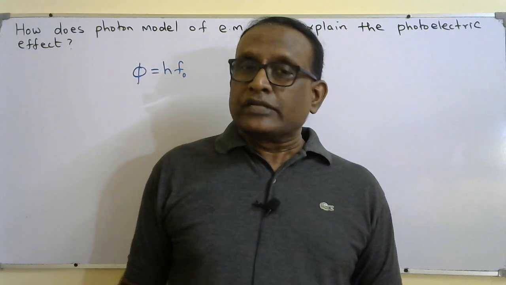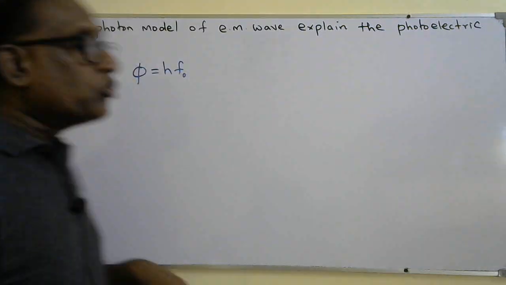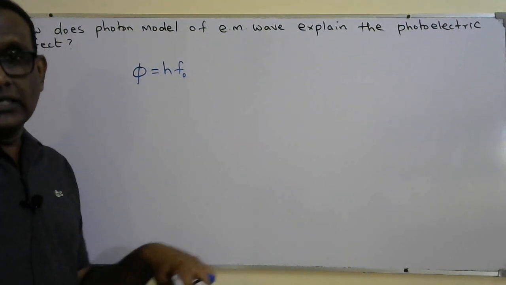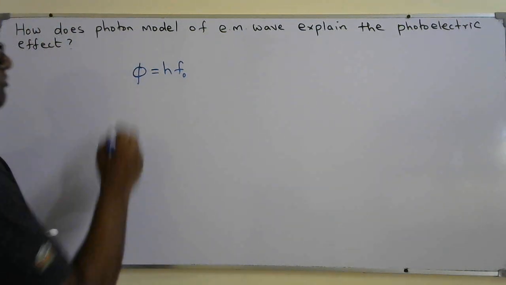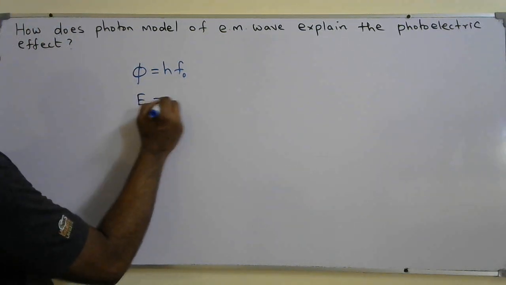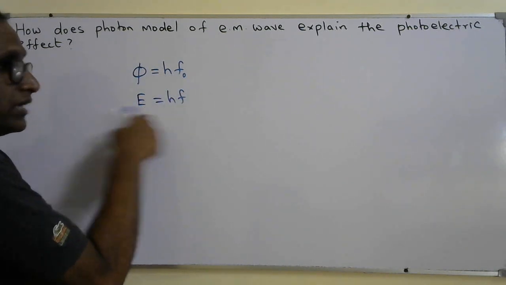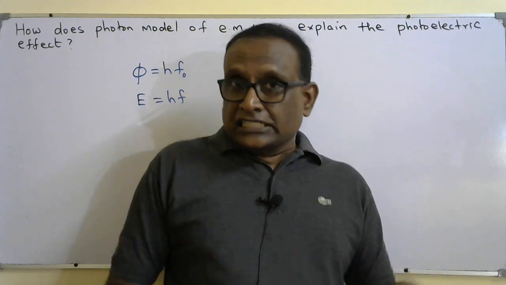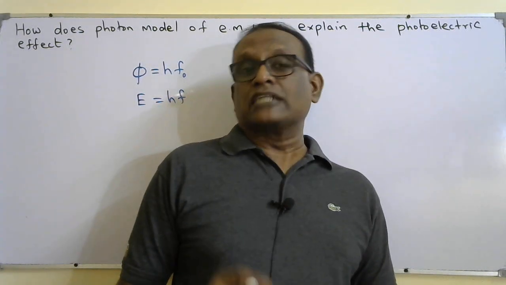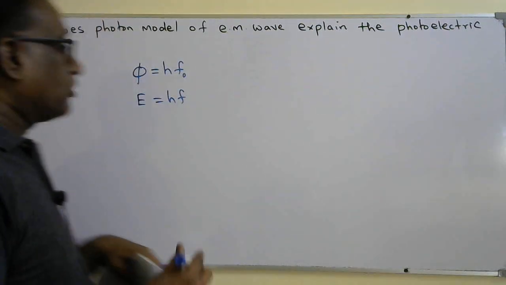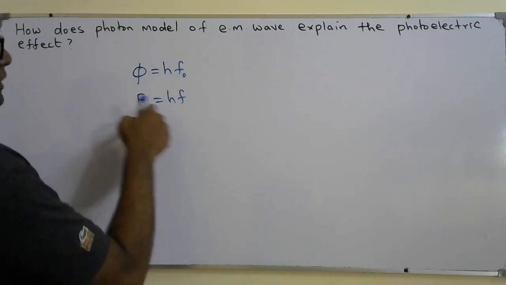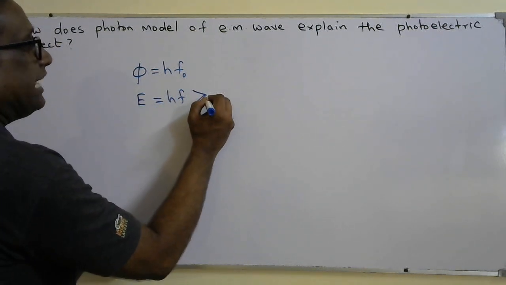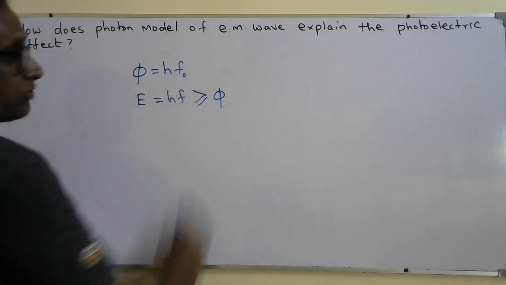A photon is falling on the surface of the metal. The energy of the photon, E, is given by hf. To remove the electron, according to the photon model, the energy of each and every photon must be greater than or equal to the work function of the metal.